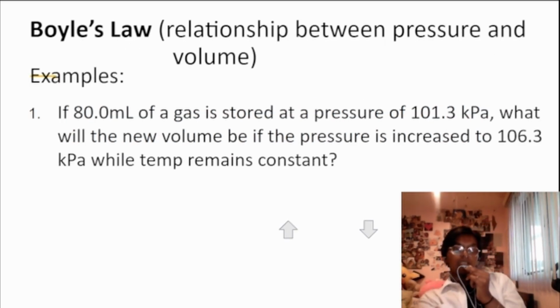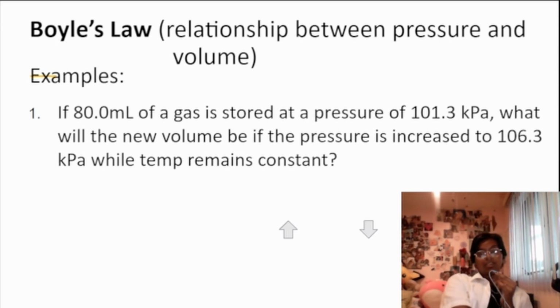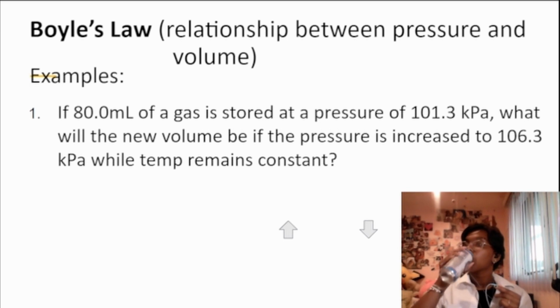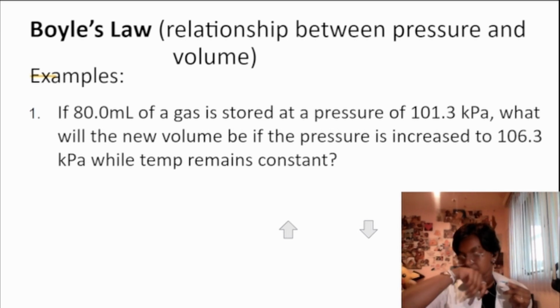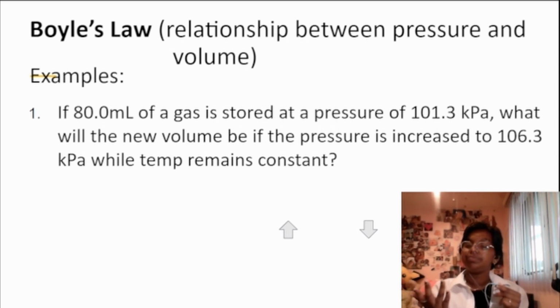So these are some examples. This is an example in Boyle's law, which talks about the relationship between pressure and volume.